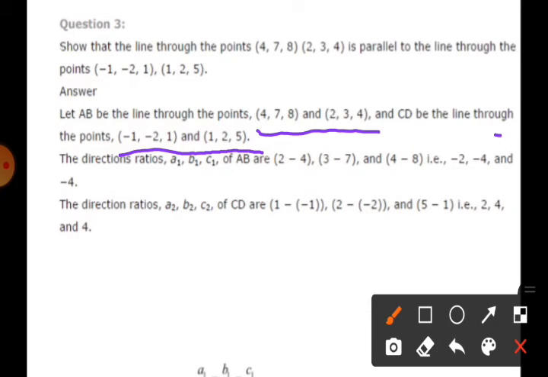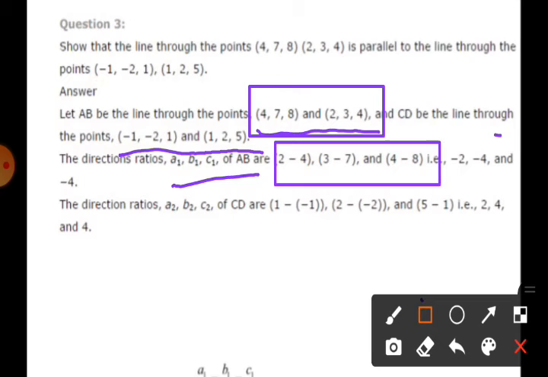The direction ratios A1, B1, C1 of AB are 2 minus 4, 3 minus 7, and 4 minus 8. Now simplify, we get 2 minus 4 is minus 2, 3 minus 7 is minus 4, and 4 minus 8 is minus 4.